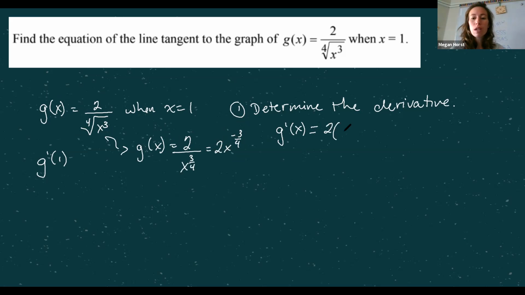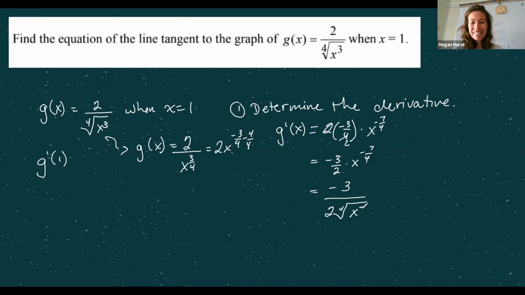So I have 2 times a negative 3/4 multiplied by x, and I'm subtracting 4 over 4, so negative 7 over 4. I'm going to cross cancel here. I have negative 3/2 times x to the negative 7/4, which is the same as saying negative 3 over 2 times the 4th root of x to the 7th.